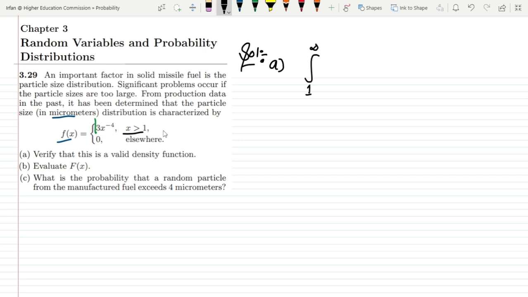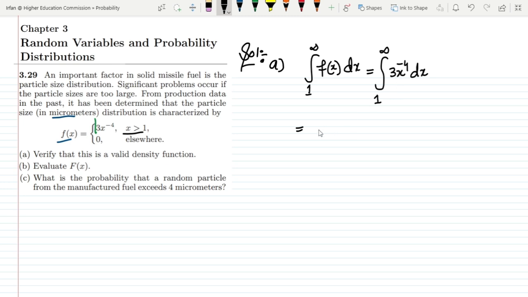Now let me put their values. Putting their values, I will get the integral from 1 to infinity of f(x) = 3x^-4 dx. Okay, so now let me solve it.